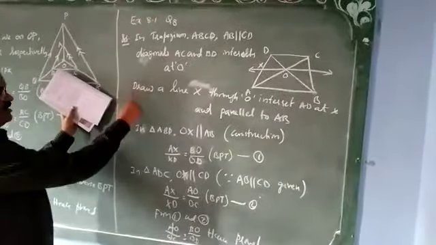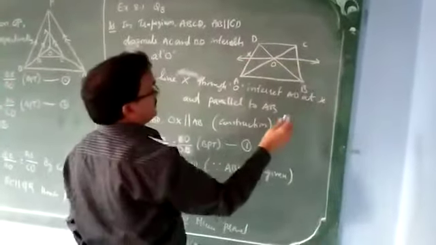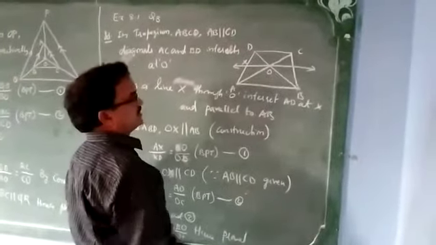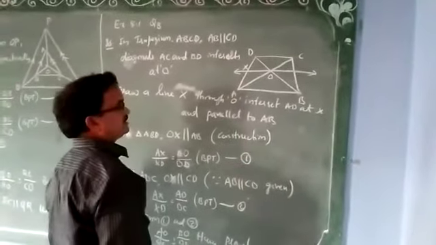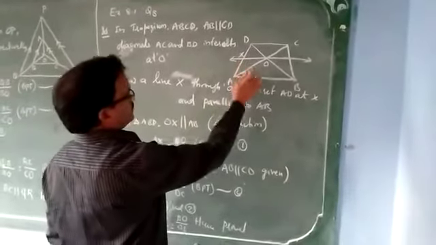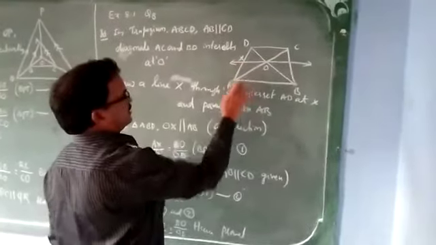You draw a line through O. It is a construction. It intersects AD at X. Next, it is parallel to AB. You draw a line parallel to AB.